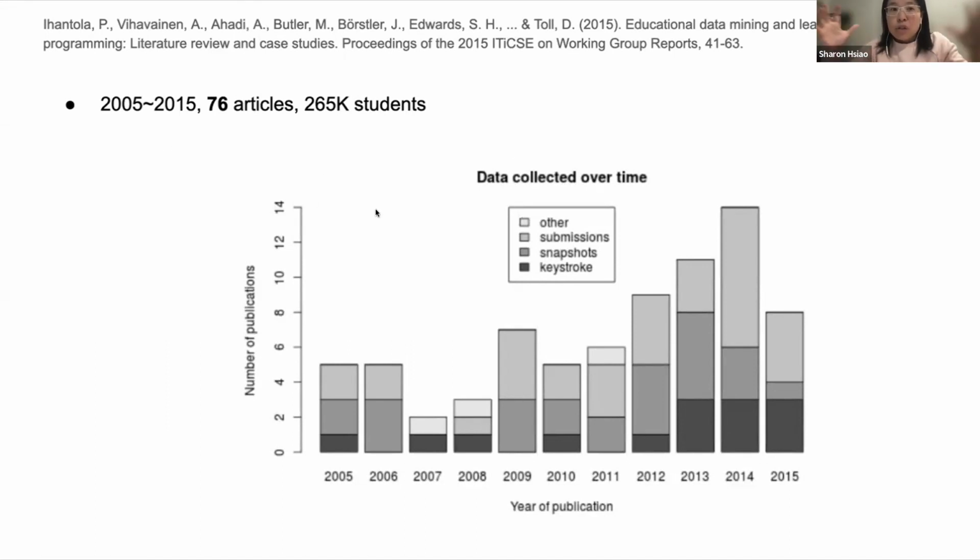This was done through collaborations between European groups and American, the US groups. They worked on the survey of the years before 2015, about 3,000 something papers, and 76 of those articles were analyzed systematically. This covers quite a range of students, 265,000 students in programming classes and how they learn. One of the biggest categorizations for this article is the data collected and what types of data.